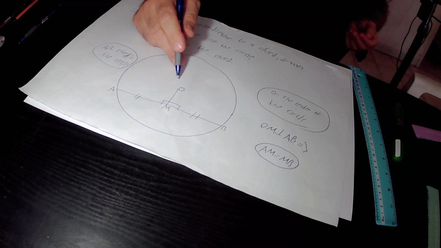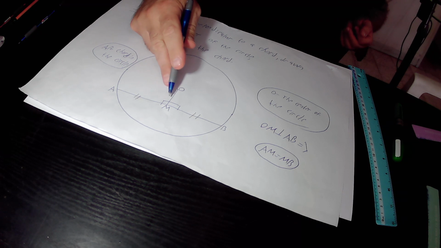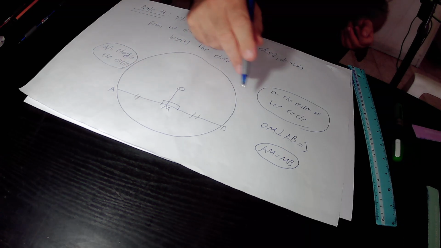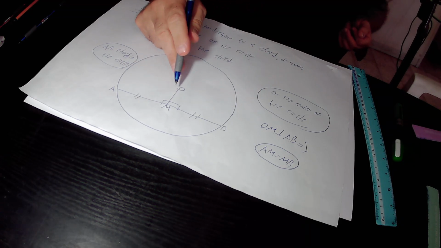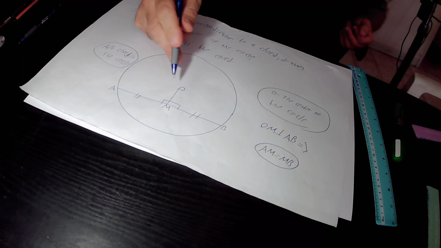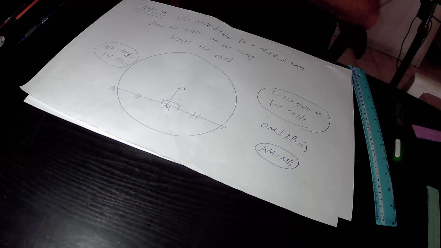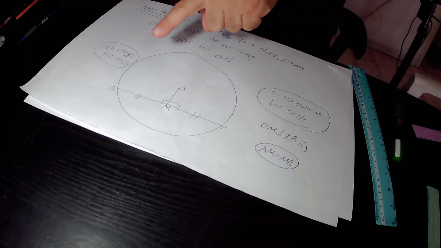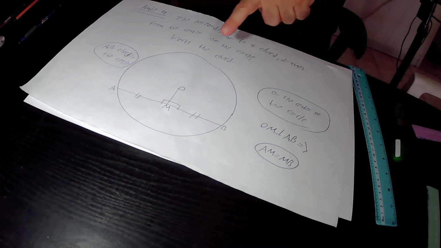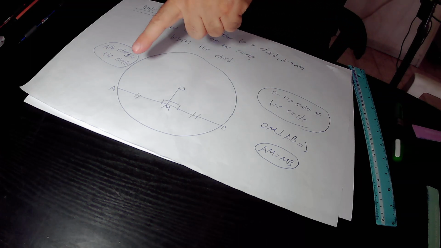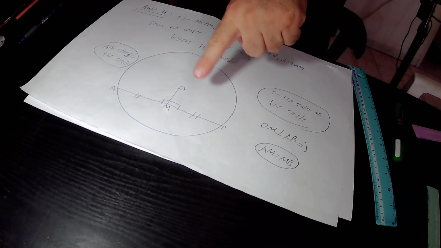From point O, we have perpendicular OM on chord AB. According to this rule 11, perpendicular OM bisects chord AB. If perpendicular OM bisects chord AB, it means that AM equals MB.